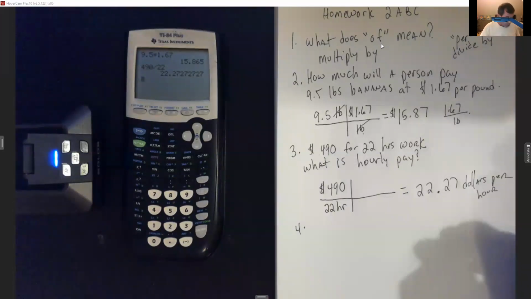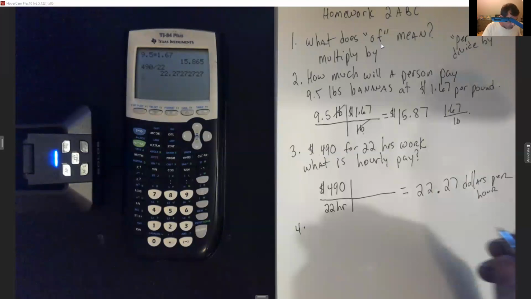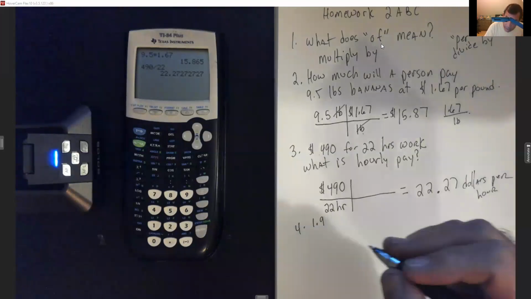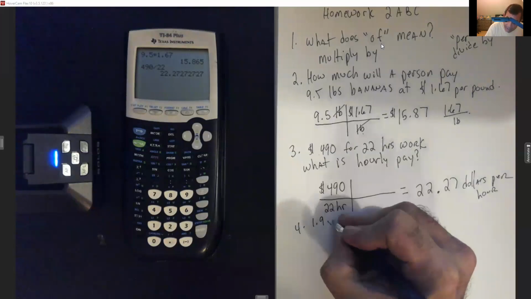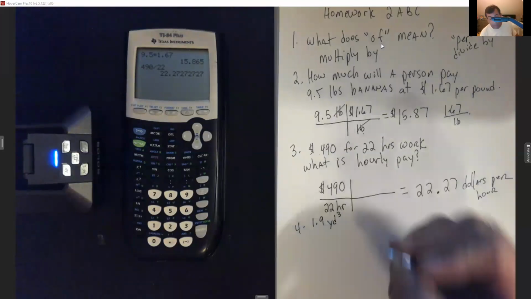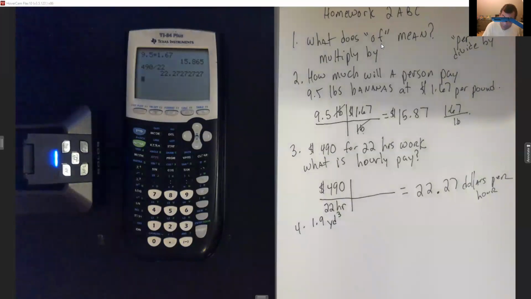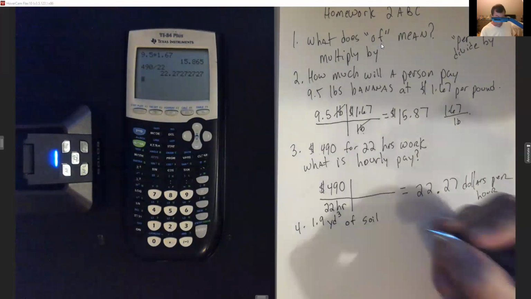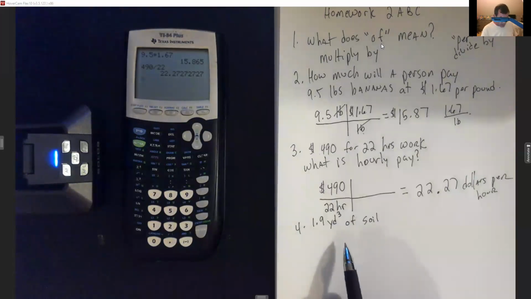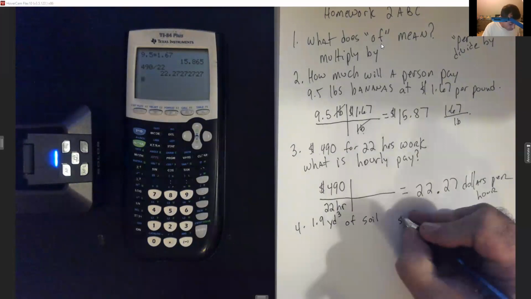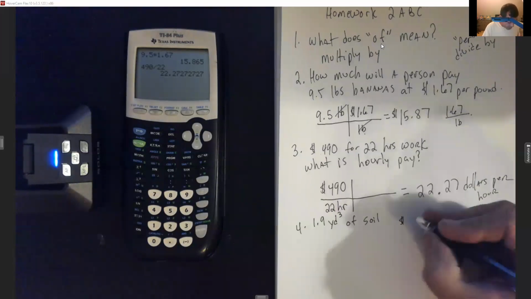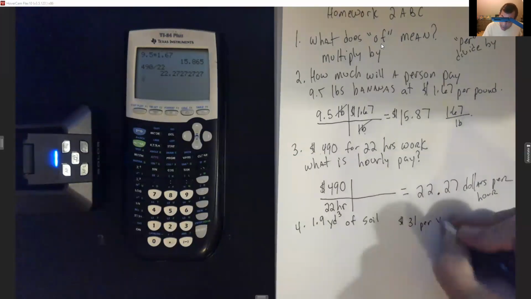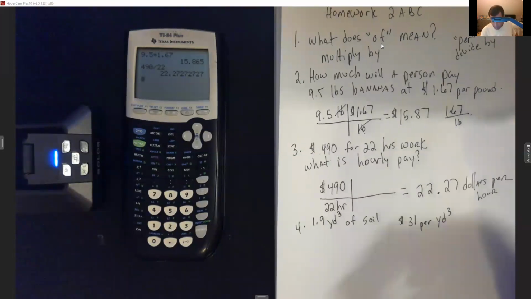All right, so this one wants to know, what is the total cost of 1.9 cubic yards? Now remember, cubic yards is a YD with an exponent of 3 on it, of soil. So 1.9 cubic yards of soil, if the soil sells for $31 per cubic yard.